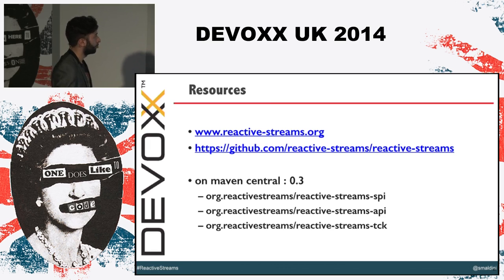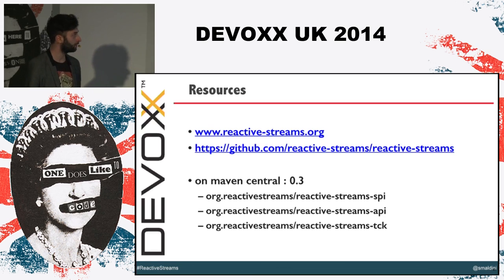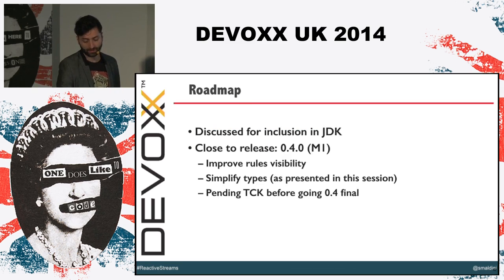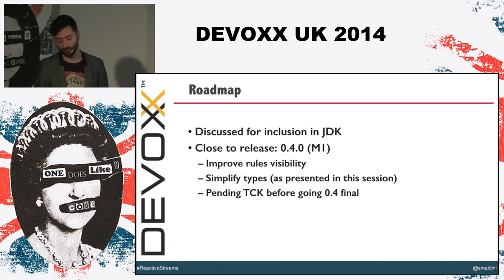So that's it. The resources are available on the reactive-streams.org site. Currently on Maven Central, we are on the 0.3 release. We're working on the 0.4.0 M1 because we need 2 milestones, one for the types and one for the TCK.